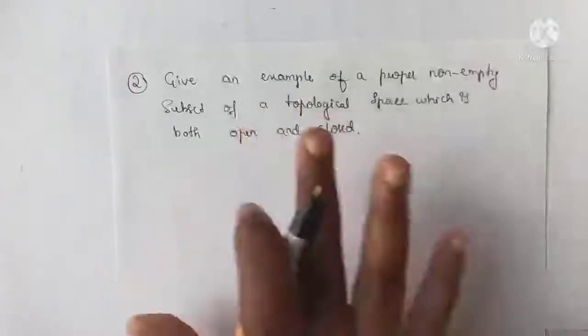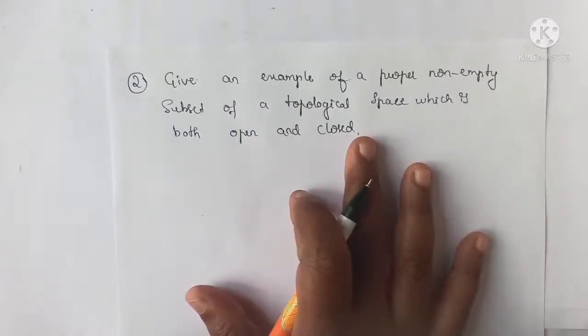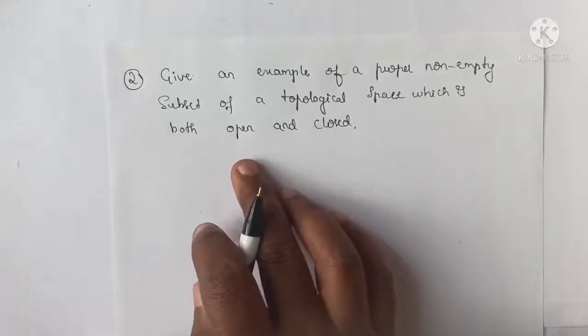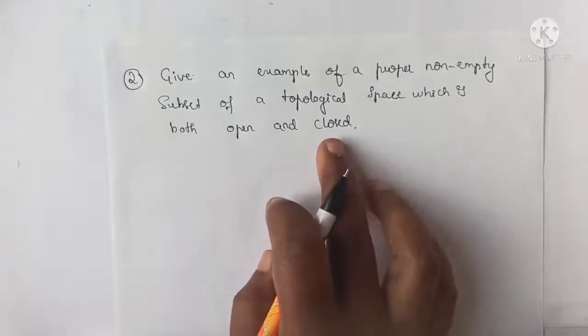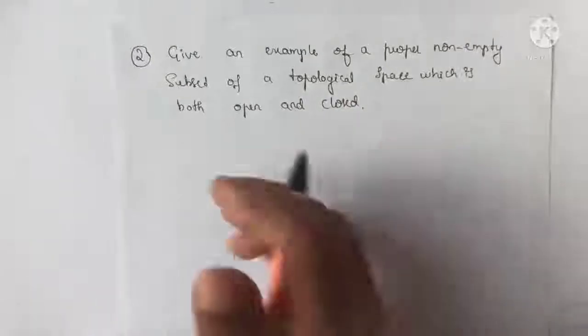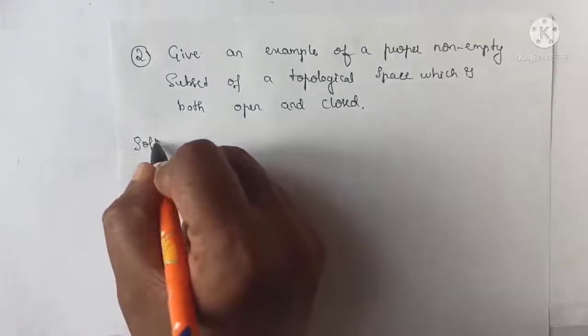So here we have to give an example of a set which is both open and closed. Open means it belongs to the topology T, and for closed we have to show that its complement is open.